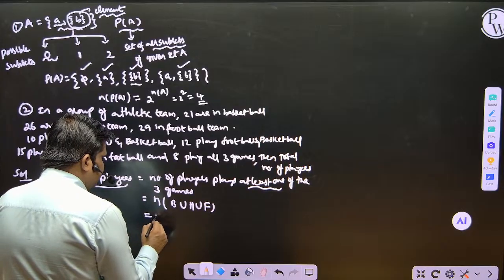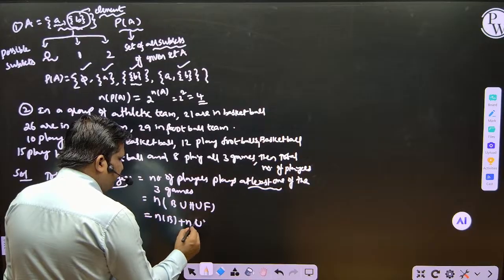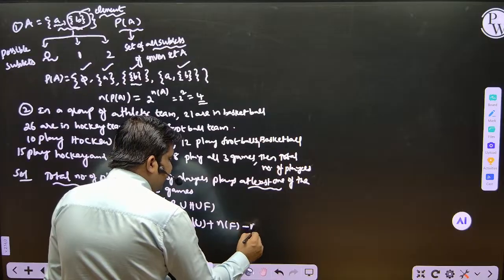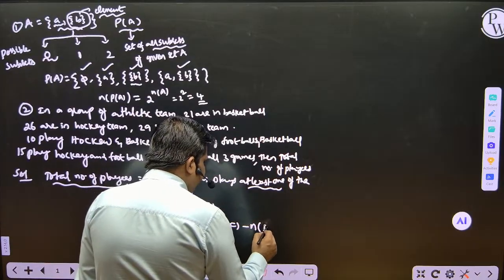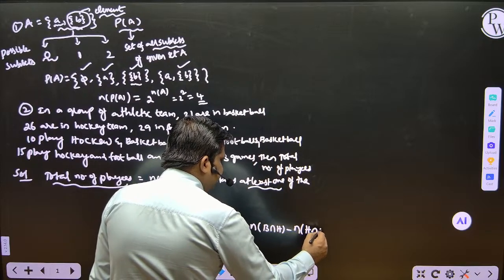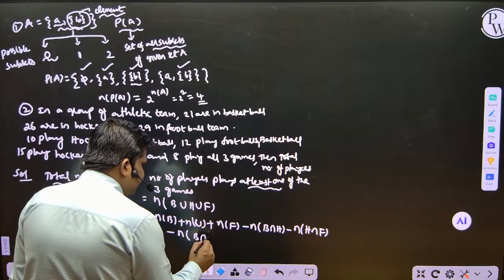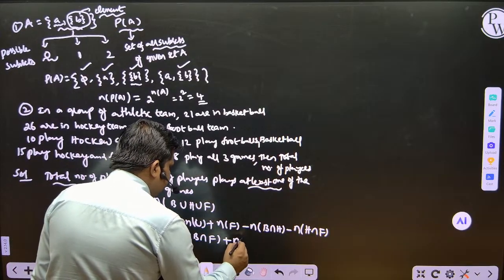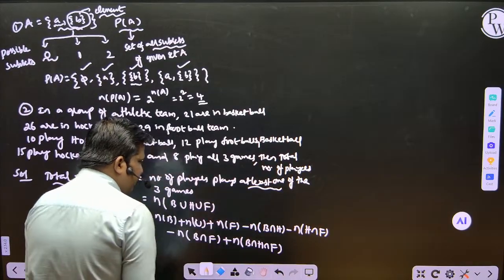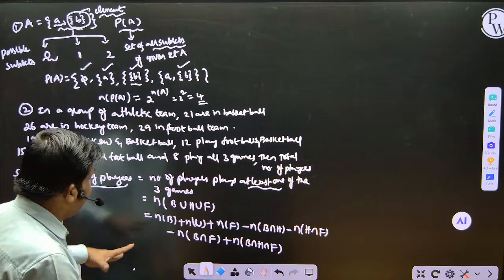You can write N of B plus N of H plus N of F minus N of B intersection H minus N of H intersection F minus N of B intersection F plus N of B intersection H intersection F. This is the formula.